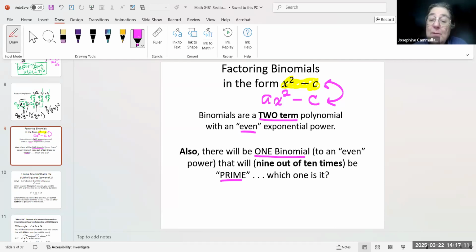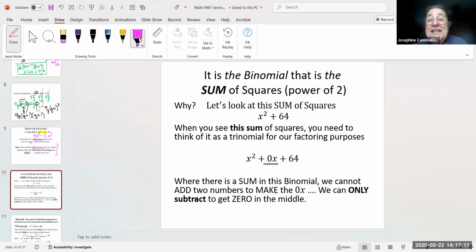And I want to talk about this binomial first. This is the binomial that has the sum of squares. And you have to look at this term as a trinomial.